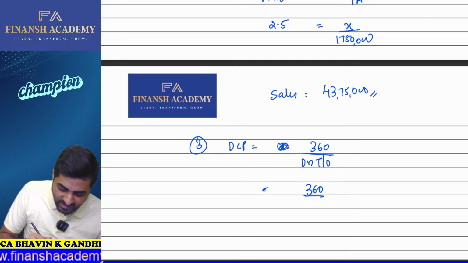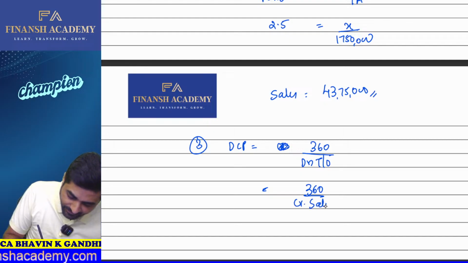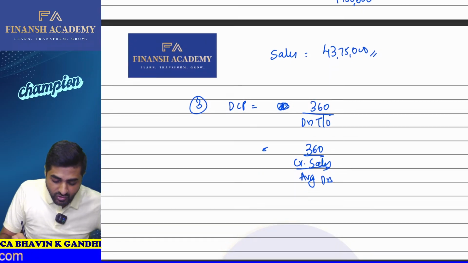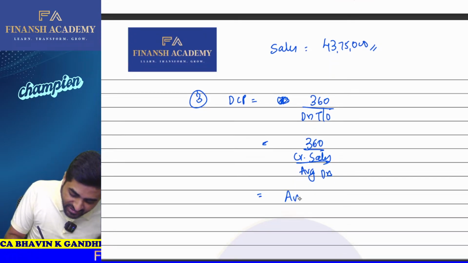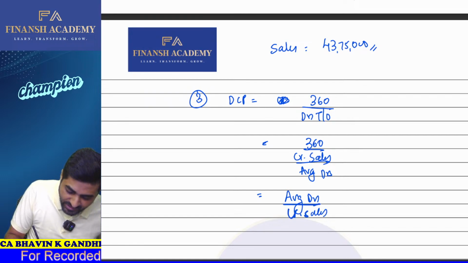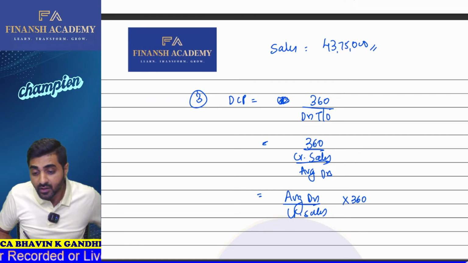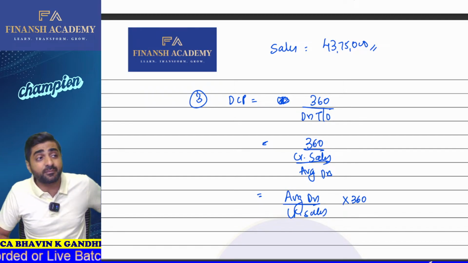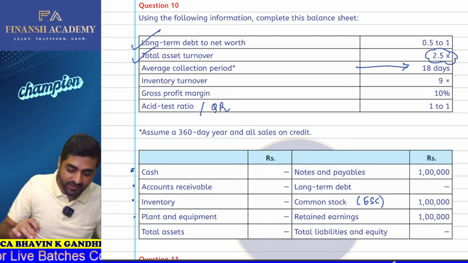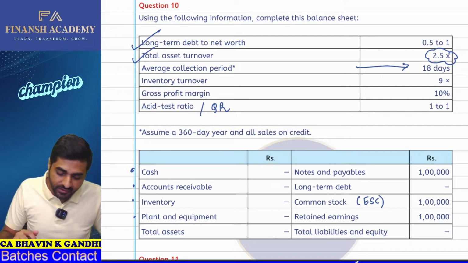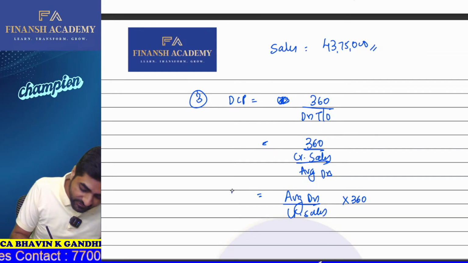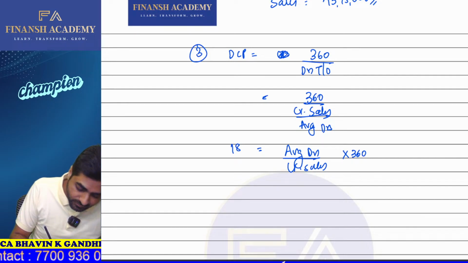Your debtors turnover ratio is nothing but your credit sales upon your average debtors. So that is nothing but, can I say, average debtors upon credit sales into 360. And do I have the debt collection period available? Come on, yes or no? Yes, I do have it. What is the debt collection period? It is 18 days.